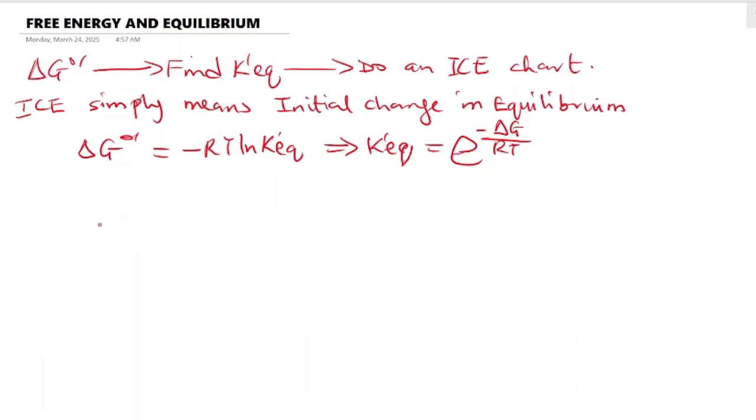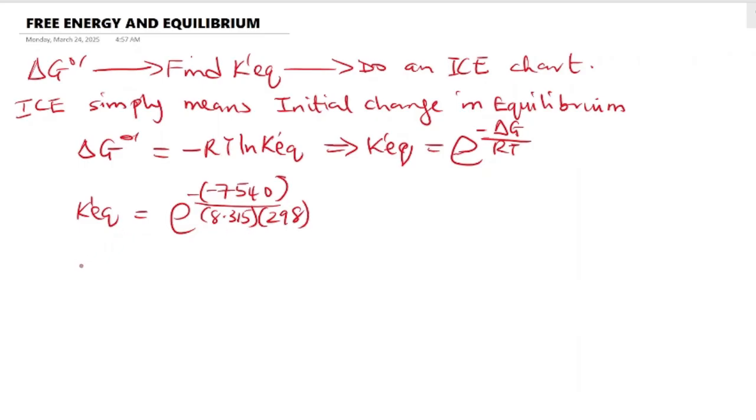Okay, so we have here K_eq is equal to e raised to minus delta G, which is minus 4.5 converting to joules, over 8.315 times 298.